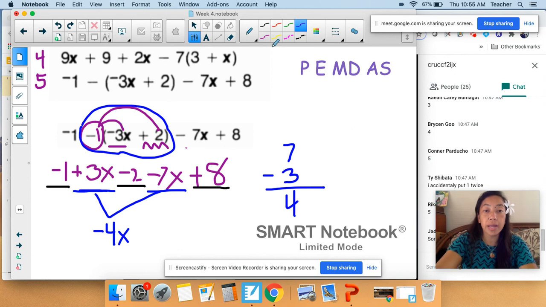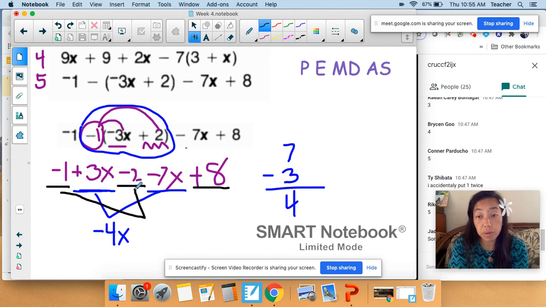Now we want to combine our constants. So negative 1 minus 2. Remember, carry the signs with them. We have a negative and a negative, that's the same sign. Same signs, add and keep. So that becomes a negative 3. We already took care of this negative 7x. We combined it with this 3x, so we don't need to worry about that.